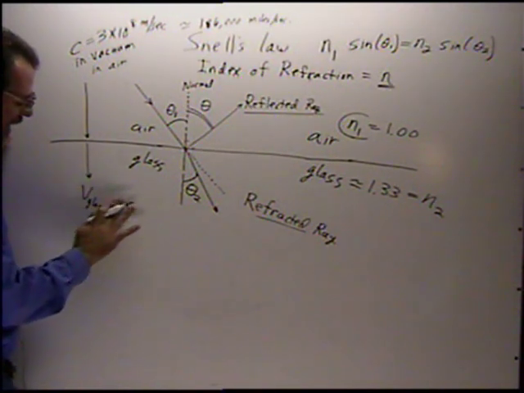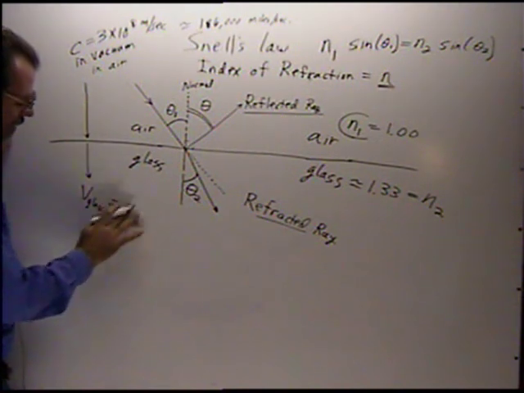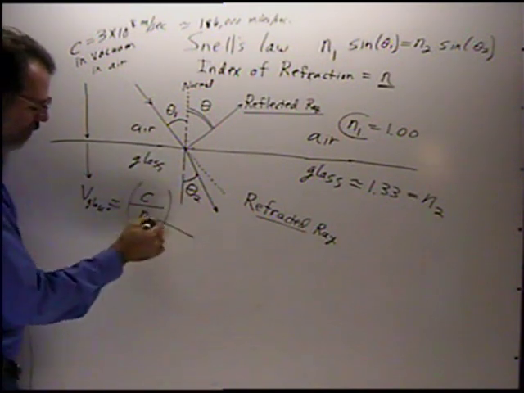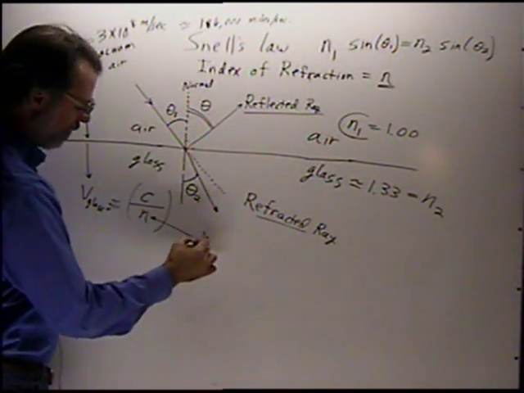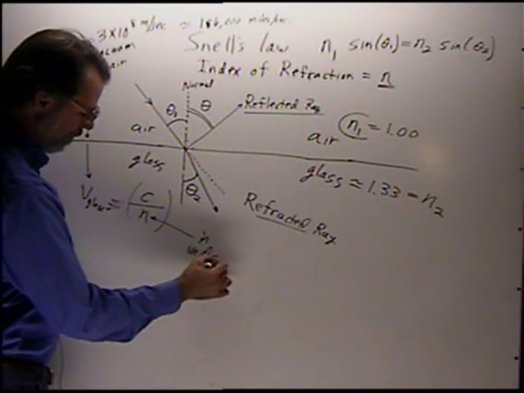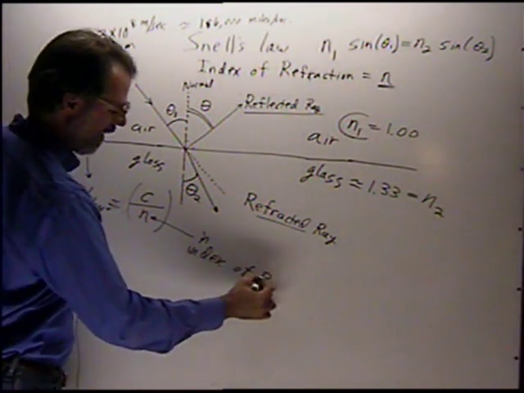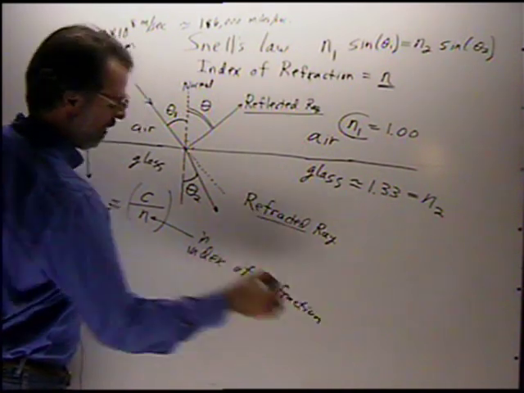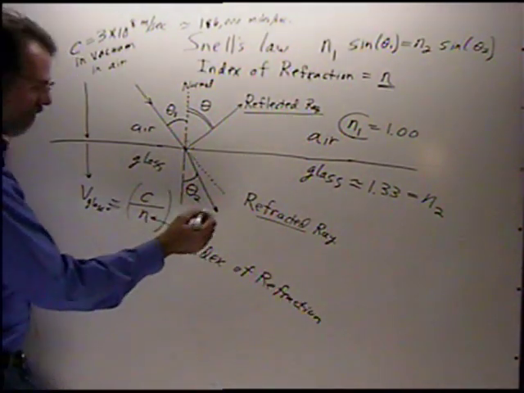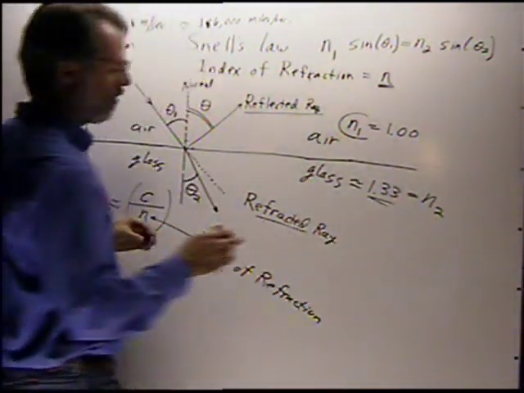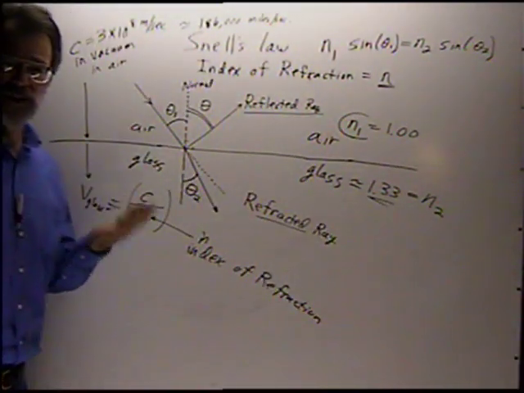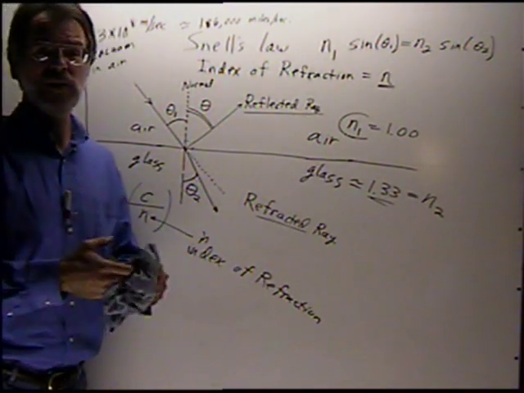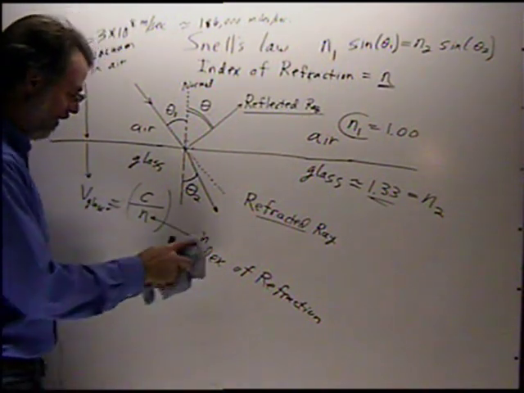The speed of light in glass would be equal to the speed of light divided by n, and n is what we call the index of refraction. Okay, for glass, roughly the index of refraction is about 1.33, depends on the type of glass, but for your common everyday glass like for windows, it's about 1.33.